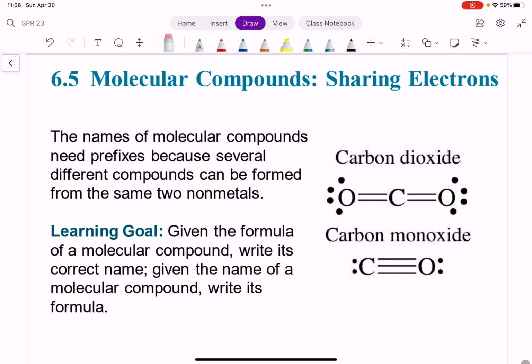But when you look at these two words, really the only difference is this here. Maybe really just this, right? We have carbon bonded to oxygen, and this, what we call prefix, tells us what kind of molecule we have, how many of our various atoms are bonded to how many of the other atom. And carbon dioxide and monoxide are very different compounds.